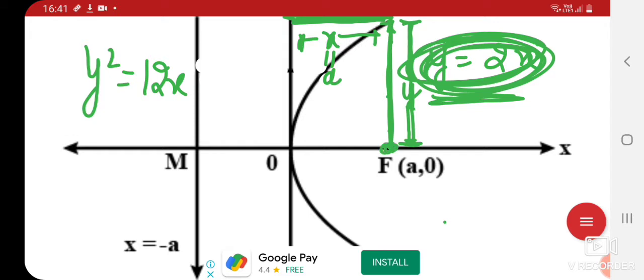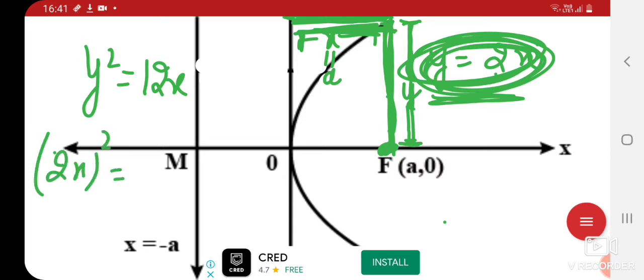Only when this point will be on the focus, or you can say only at that distance where this distance is equal to half of this distance, or double of this distance, right?